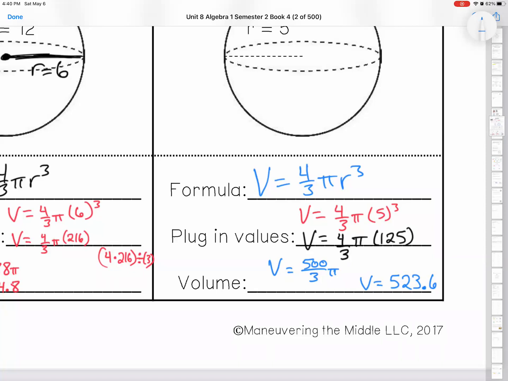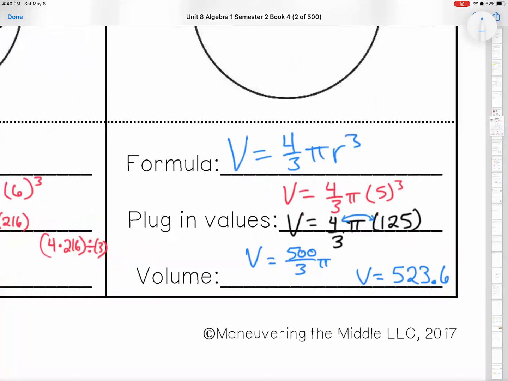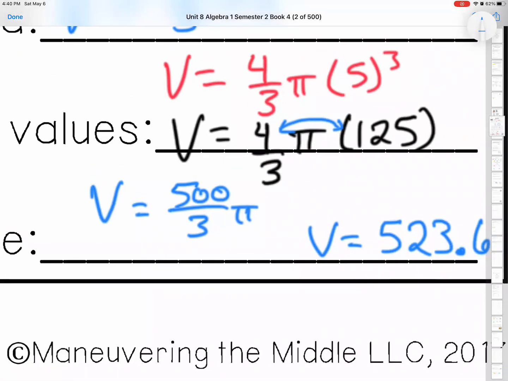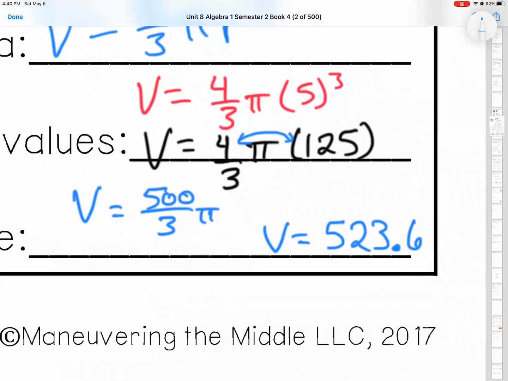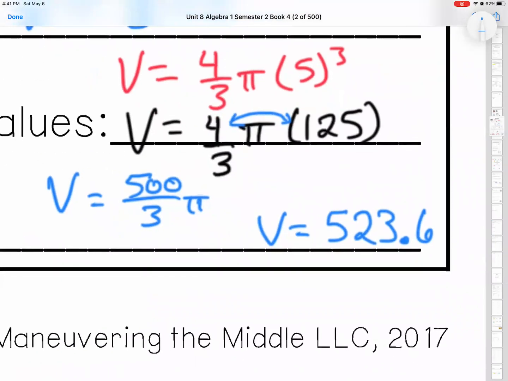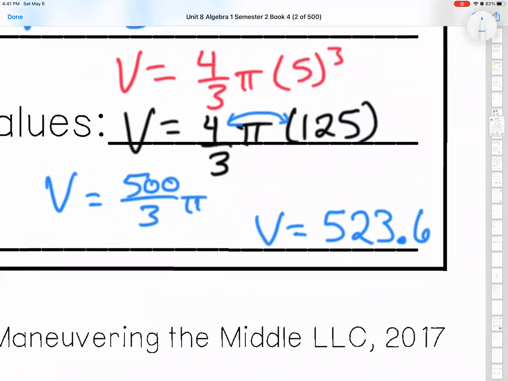So we notice that we end up with the 4 times the 125, which would give us 500. And then that's not cleanly divisible by 3, so that would be your exact answer, the 500 over 3 pi. And then as a decimal, when we just multiply it by pi, we get 523.6.